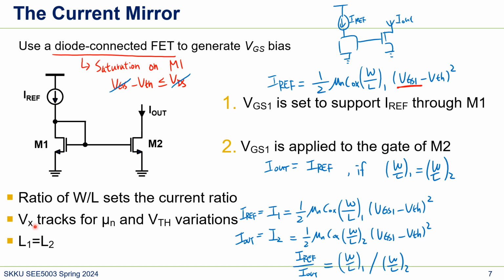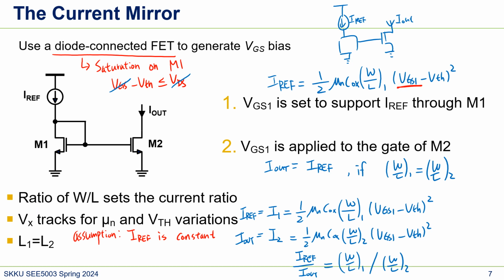And the other thing would be that Vx tracks mu n and VTH variations. So here's the assumption: Iref is constant. So if Iref is constant, because of this equation, this VGS1 will track, which is Vx.